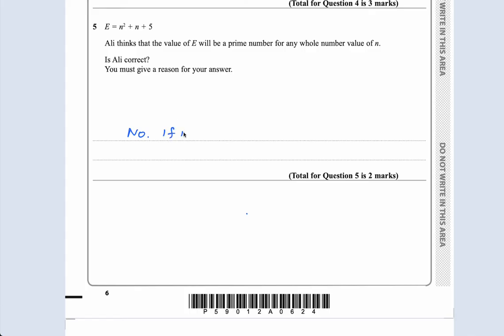If n equals 5, then e equals 5 squared, 25, plus 5 is 30, plus 5 is 35. That is not a prime number.